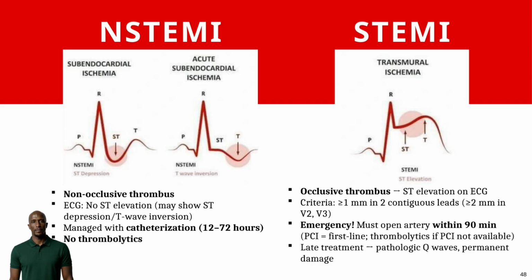ST elevation myocardial infarction features an occlusive thrombus with ST elevation on electrocardiogram, requiring artery opening within 90 minutes via percutaneous coronary intervention or thrombolytics if percutaneous coronary intervention is unavailable. Delayed treatment risks pathologic Q waves and permanent damage.